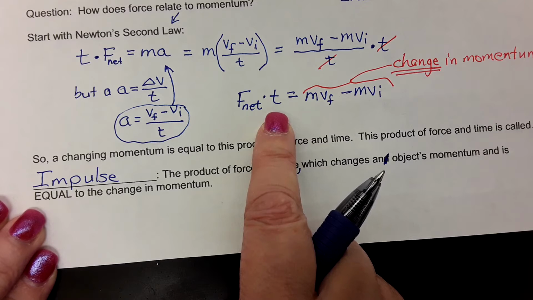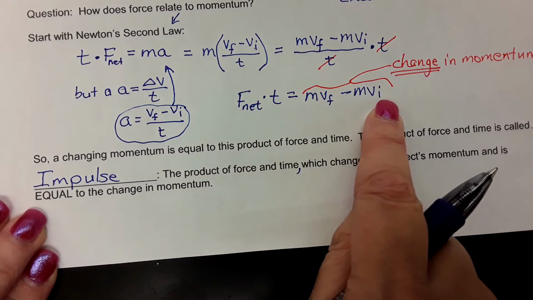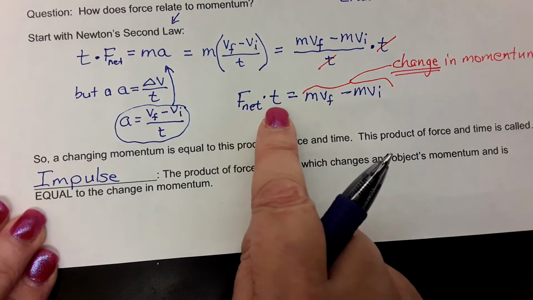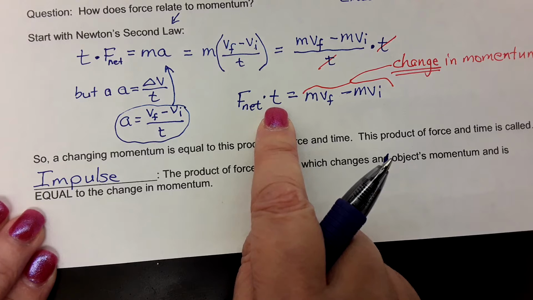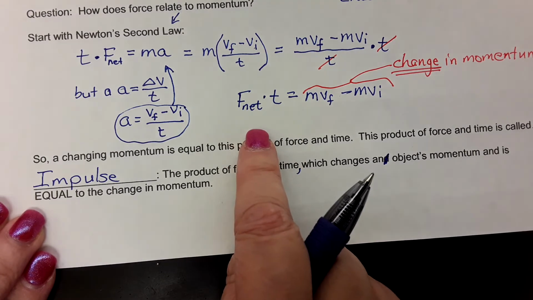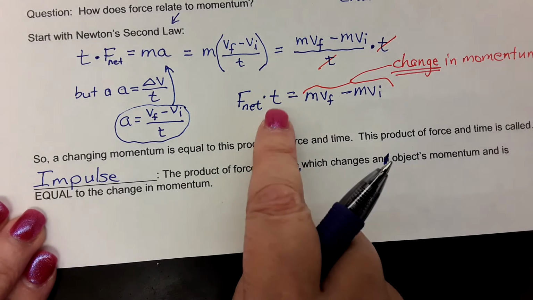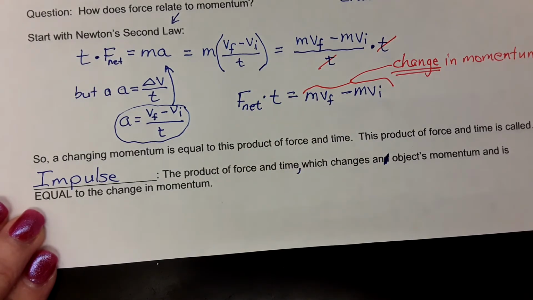You swing through because you get a bigger change in momentum of the ball if that force acts over a longer period of time. So you swing through with your golf club or your baseball bat in order to increase the amount of time as much as possible in which the bat and the club are in contact with the ball. So the longer the net force acts, the greater the change in momentum will be there also.